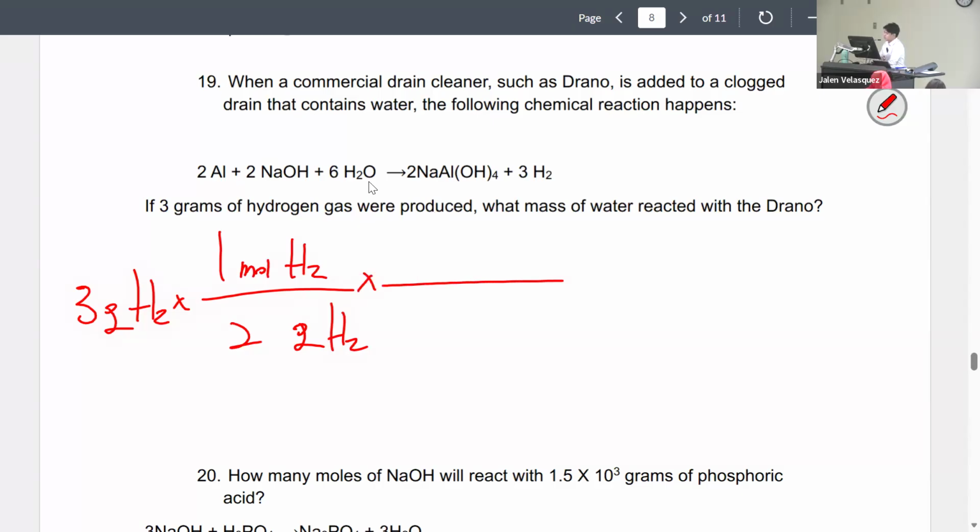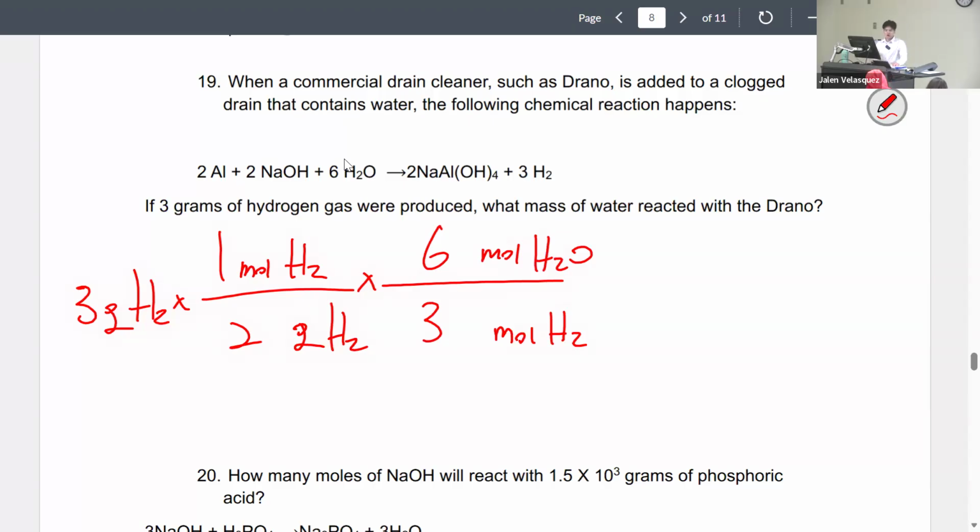Now I'm in the moles of H, and I can get from the moles of H to the moles of water using my mole ratio. So what's the mole ratio we have here? Yes, we have 6 to 3.